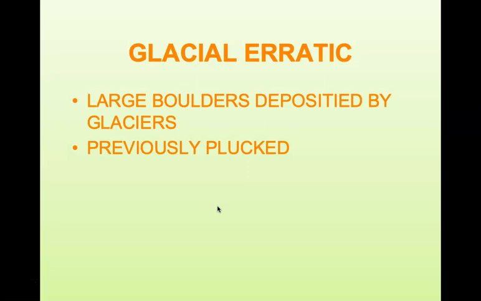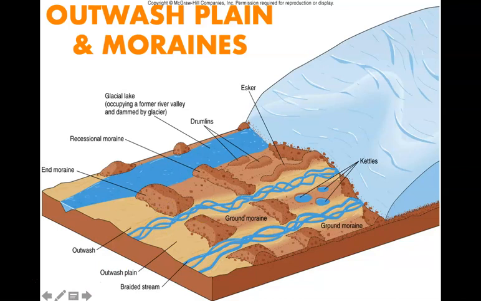They were plucked out up in Canada, okay? In a lot of Canada, you've got granite at the surface. And it was broken off by these monstrous glaciers, carried along for hundreds, if not thousands of miles, and plopped down in Ohio and Pennsylvania and New York. So glacial erratic, giant boulders.